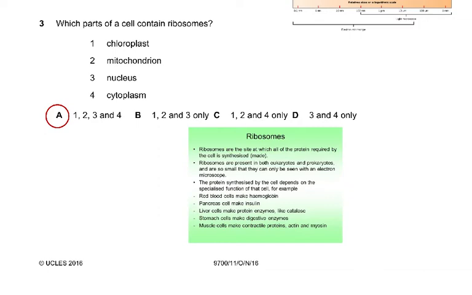Now, of course, we know chloroplasts have ribosomes, mitochondria have ribosomes, nucleus does not have ribosomes, but which parts of a cell contain ribosome? But then you remember nucleus does not have it, but then inside the nucleus there's a nucleolus. And in the nucleolus, remember, ribosomes are made. Nucleolus is the place where ribosomes are made.